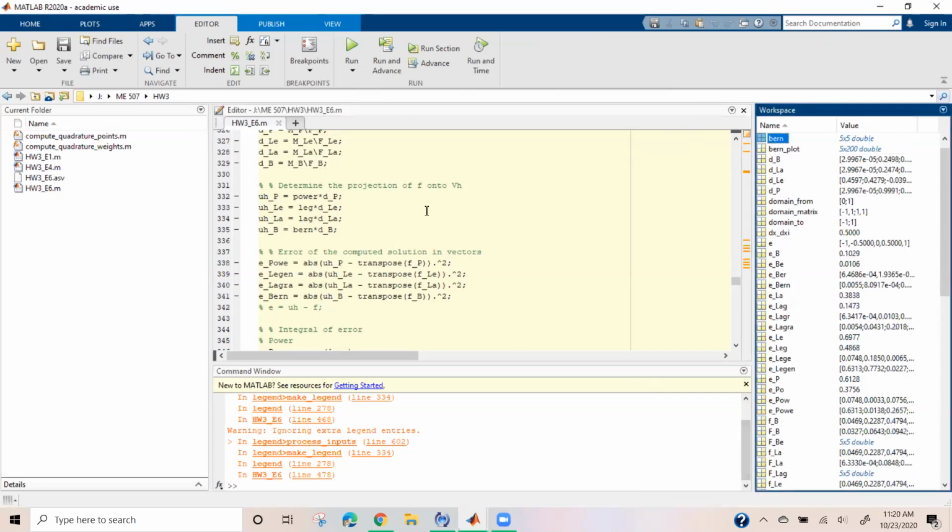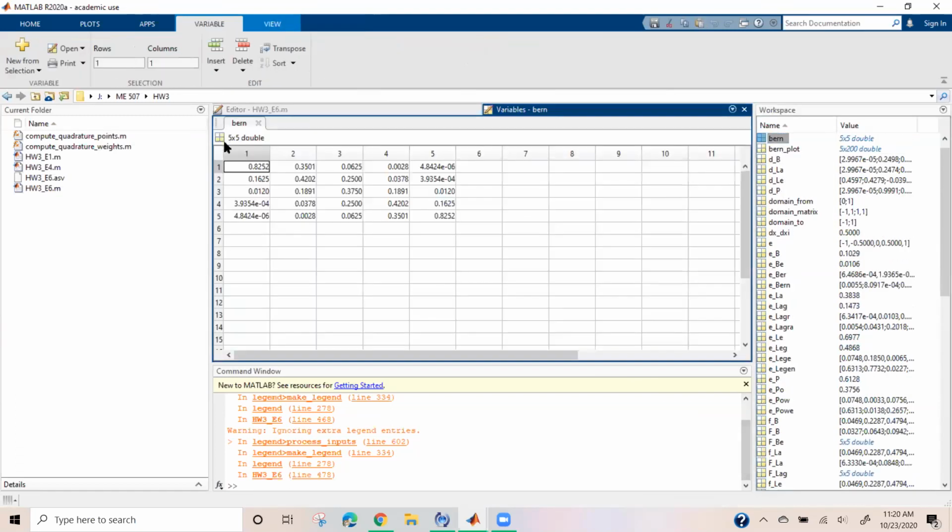Let me pull it up. This is like the 5x5 where we have, I have to go back to the equation, but this is just the matrix of the Bernstein, or of the quadrature points according to the Bernstein equation multiplied together to fill this basis. Okay, so what is the column? Is that corresponding to the quadrature point or the basis?